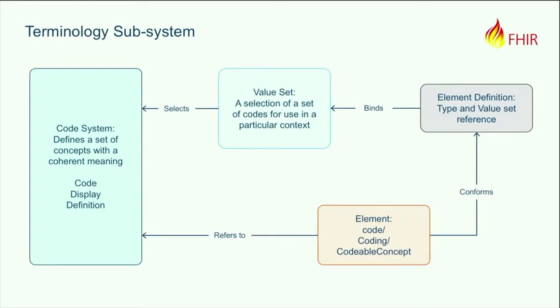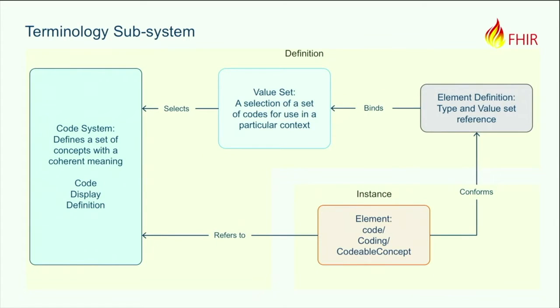And then a particular instance down here can then have a value of a coded element that refers to the code system. It does not refer to the value set, it refers to the code system. And it can then be claimed to be conformant to the particular profile from which it came.